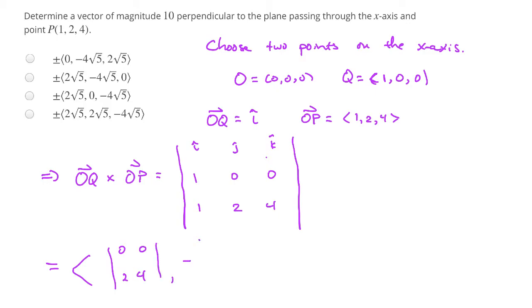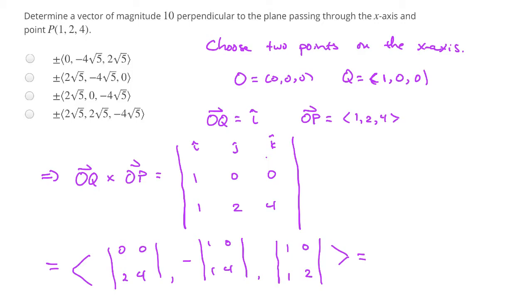Then the negative of what we have when we get rid of the first row and second column, so that's 1, 0, 1, 4. And finally our third determinant, getting rid of the first row and the third column, so 1, 0, 1, 2.